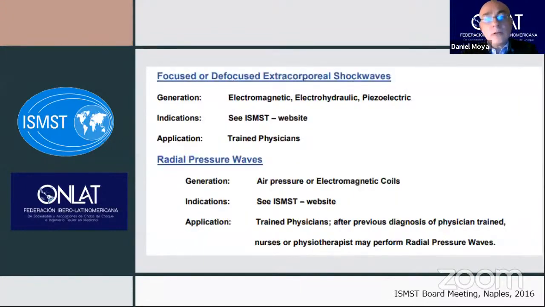There is also a consensus about the incumbency of these technologies. Focused waves should be applied by trained physicians, and radial pressure waves can be applied by physicians, physiotherapists, or nurses, according to the law of each country. Why this difference? Because the level of risk of the focused waves is different than the level of risk of the radial pressure waves.